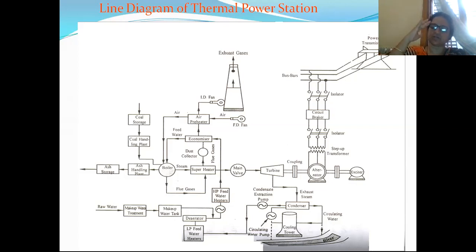After stepping up, you have an isolator and circuit breaker, then again an isolator, and it is given to bus bars and transmitted over long distances. After receiving, they step it down, and it is given to industrial purposes or domestic applications.